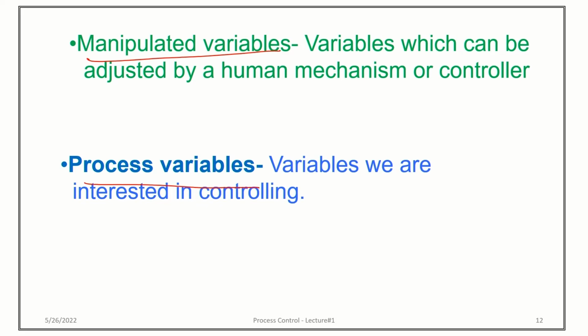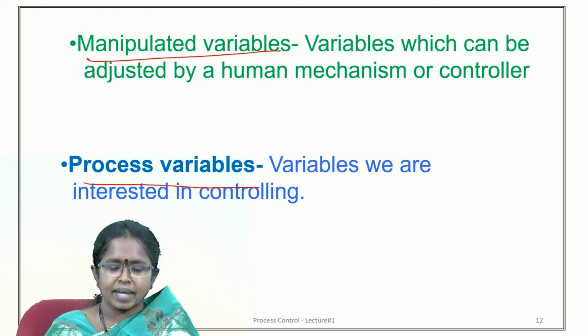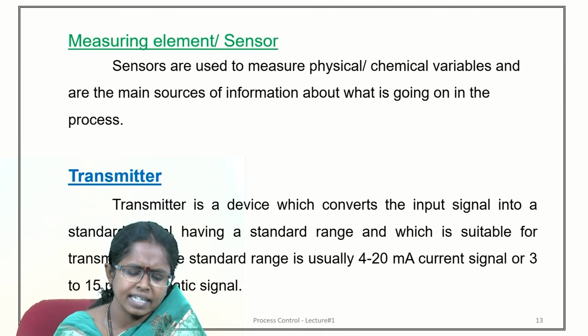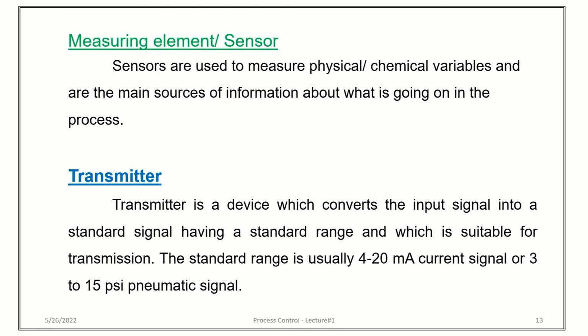In case of a human control system, manual control system, the variables can be adjusted by a human operator. In case of an automatic control system, these variables are adjusted by a controller or control mechanism. Then coming to the first important element, which is called as your sensor, right. Sensors are used to measure the physical or chemical variables and are the main sources of information about what is going on in the process.